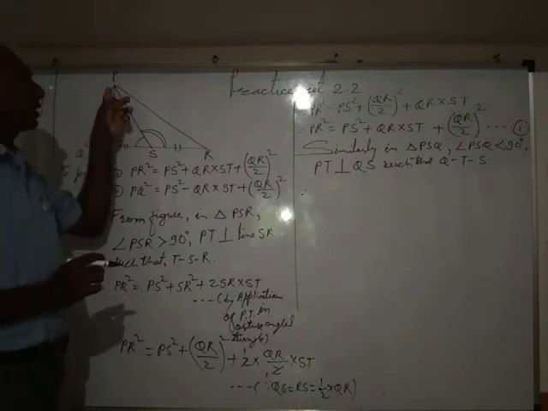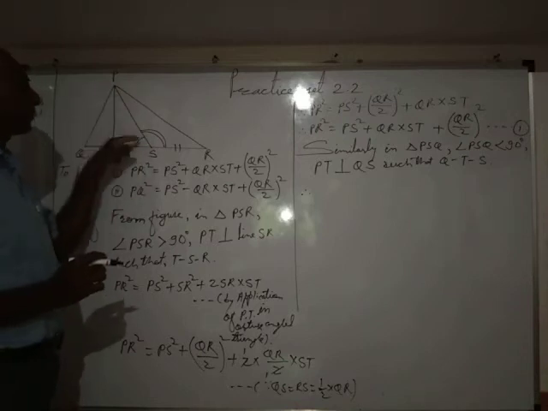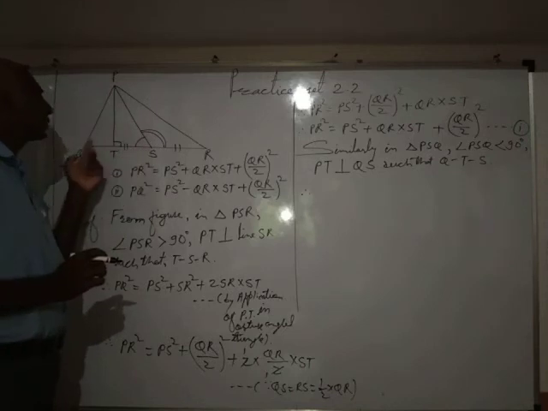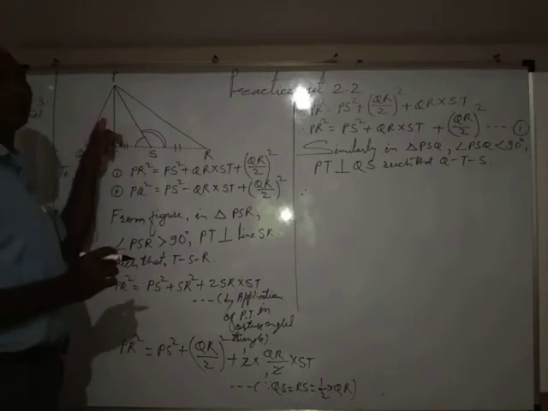We used to give an equation for the side which is opposite to the considered acute angle. The considered acute angle is angle PSQ and the side opposite to that angle is PQ.